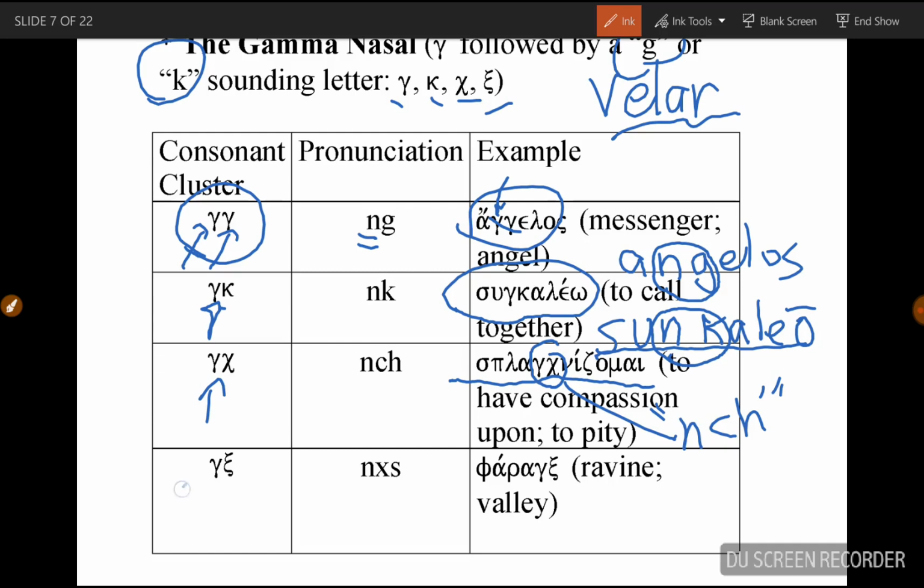And then this one, this gamma ksi, is pronounced nunks. Again, you have the N sound in the front. And this is pharynx, where we get the word ravine or valley. You know, the Roman phalanx, for example, is a V-shaped or ravine-shaped military formation used to plow through armies. And so that comes from the Greek word pharynx.